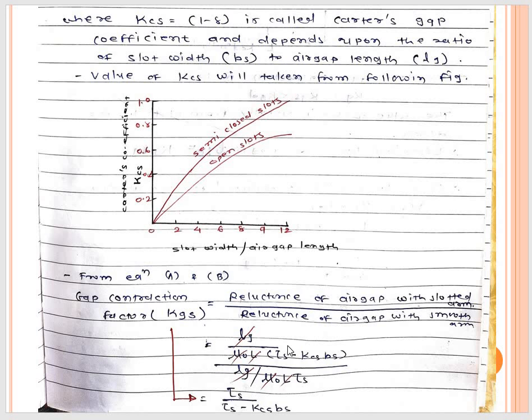In the example you have directly been given the value of kcs, so you can easily find it by putting this value in the equation. So you have to remember this equation for the gap contraction factor.